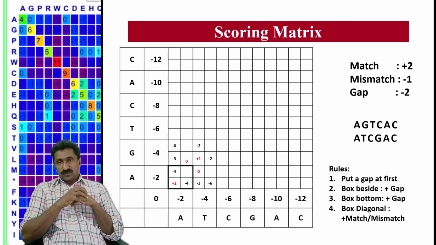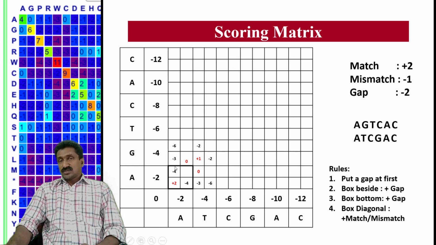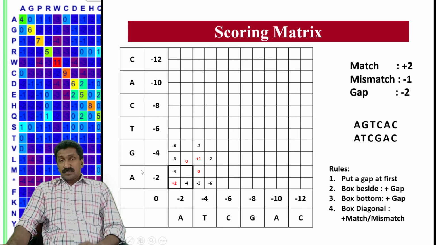Then the value will be -2 -2, that is -4, which will be written in this box. And if you are inserting a gap in the other sequence, then also -2 -2, that is -4.